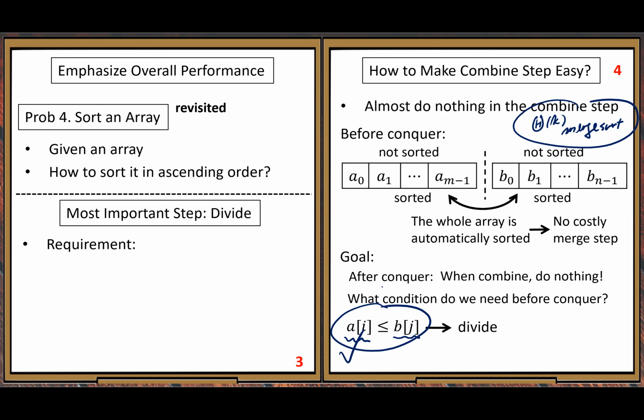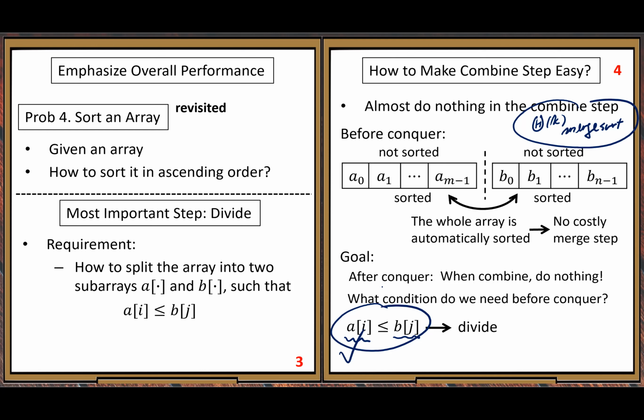The requirement: how to split the array into two subarrays, A subarray and B subarray, such that A of i is less than or equal to B of j. That's the current problem we need to solve. But with this property, we do not require that A subarray and B subarray are sorted.